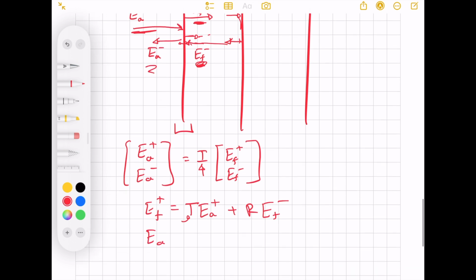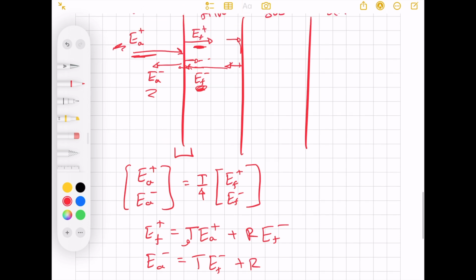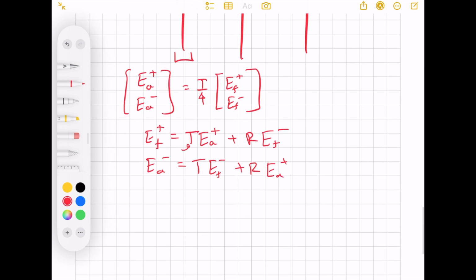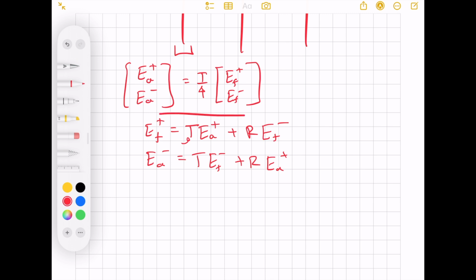So E A minus is going to be some transmission coefficient times E F minus plus some reflection of this, so E A plus. We can rearrange this and then write out our full matrix equation, and we see that I is going to be very elegantly 1 over the transmission coefficient, times the matrix 1, R, and then R, and then 1.